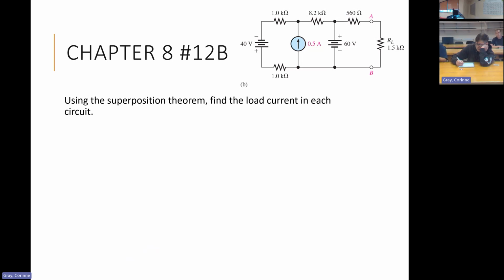So you have one of those, and now you need to draw your two other ones. Because you've done this one, now you need to go to the current source and the other battery. So you have three circuits.